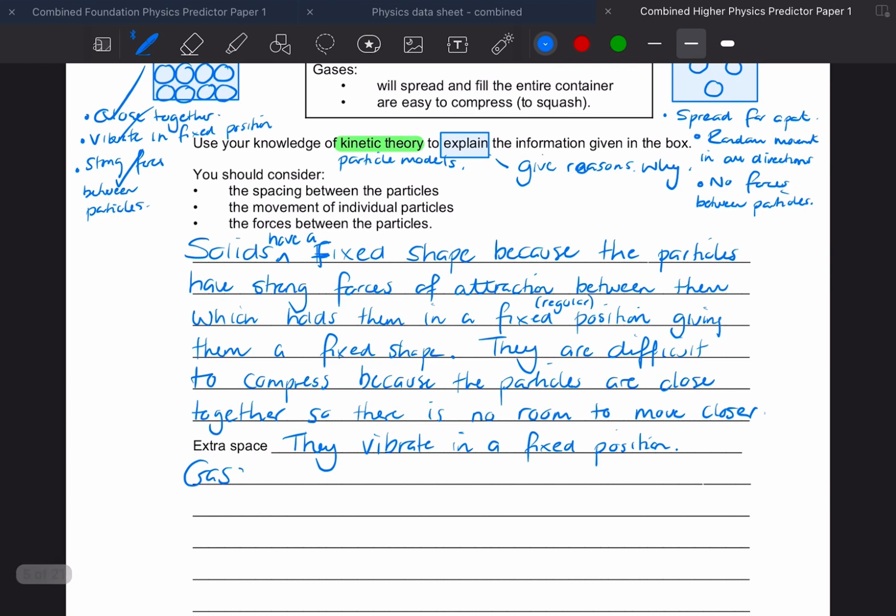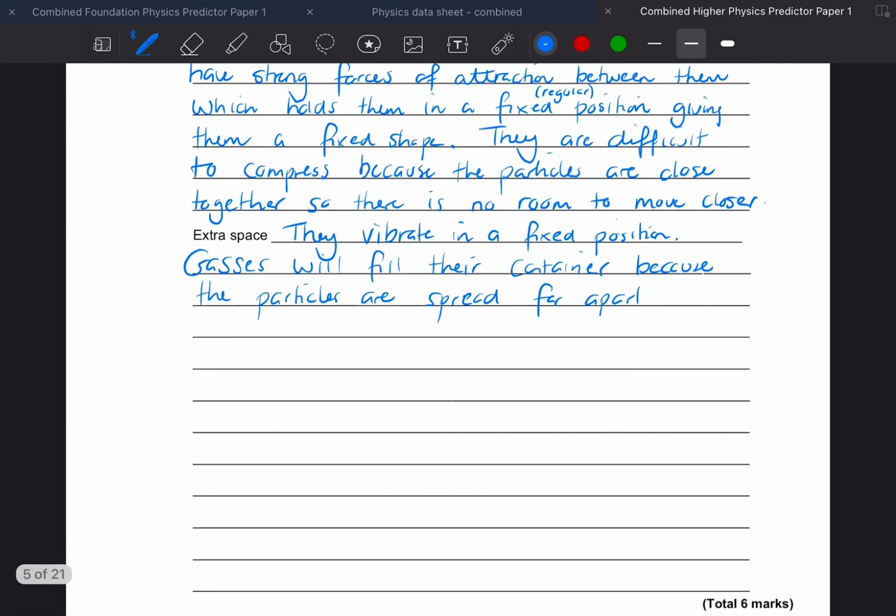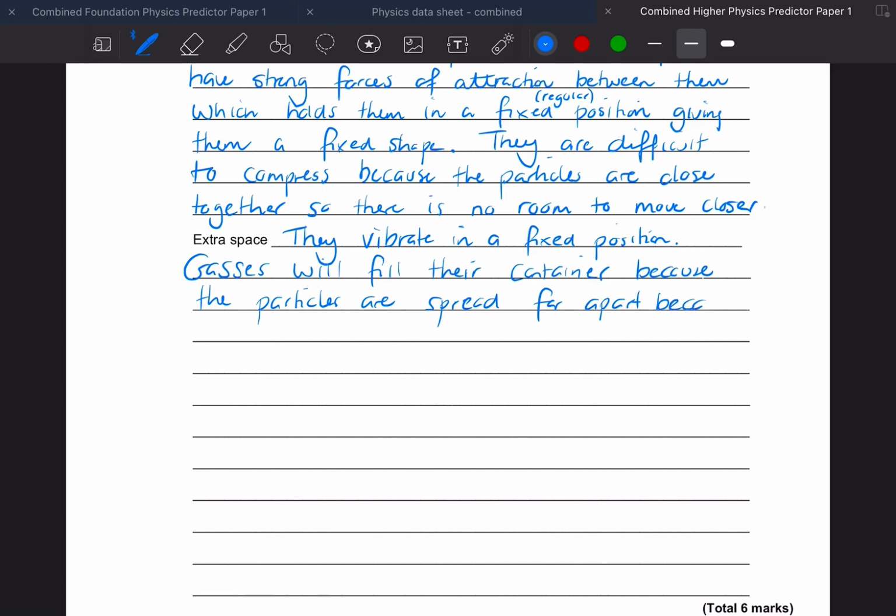So gases will fill their container because the particles are spread far apart, and that's because they're spread far apart because they have no forces of attraction between the particles.